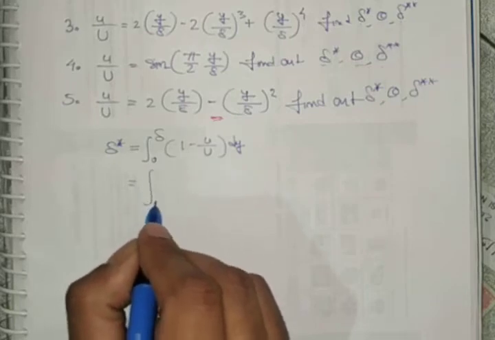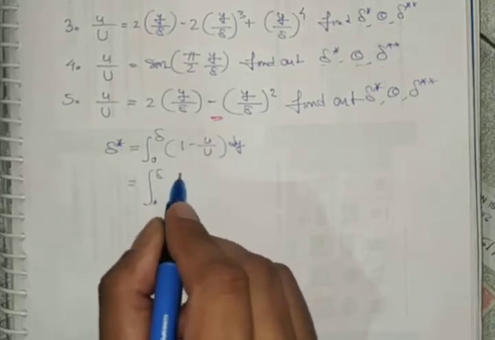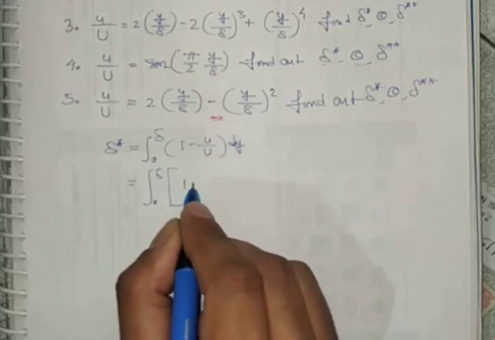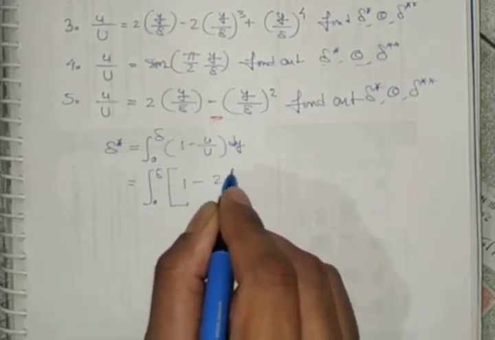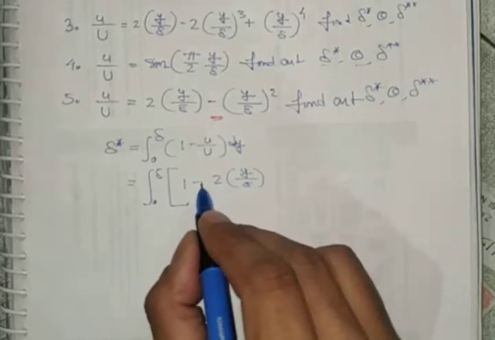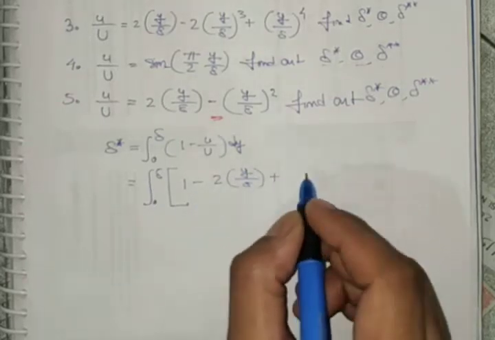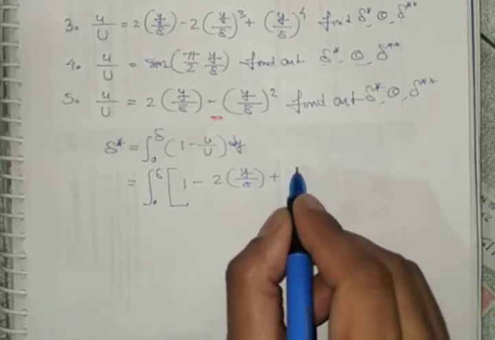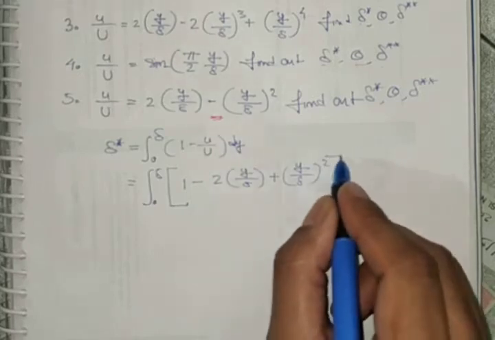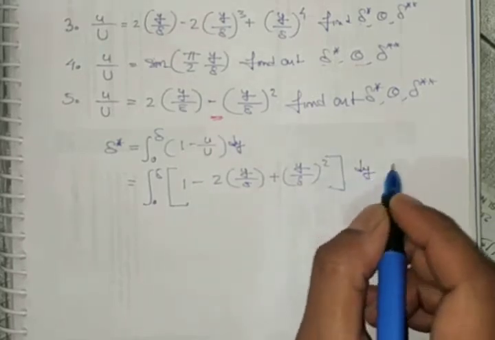So this is the integration 0 to delta. If I put the value here, it will be 1 minus 2 y by delta. Since it is minus, it will be plus (y by delta) square, bracket close, dy.